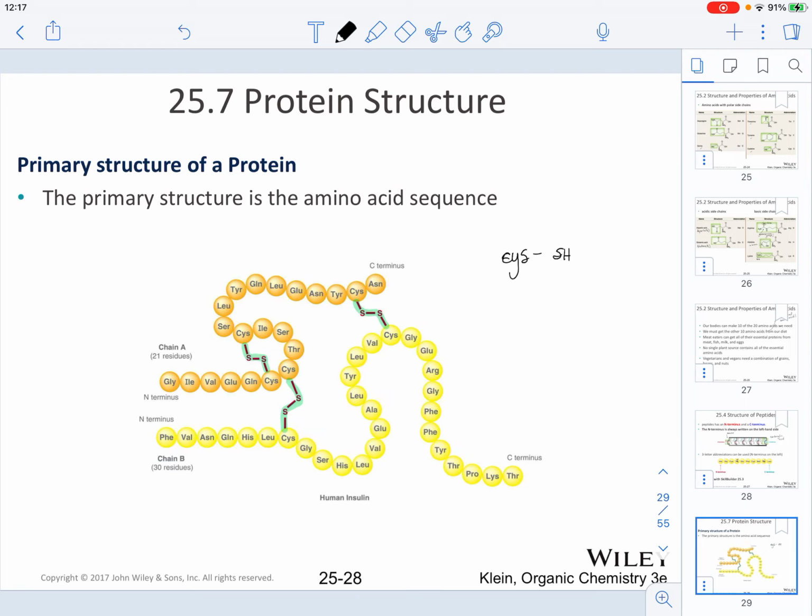One of the things that cysteine can do is make a disulfide bond. When that cysteine residue is oxidized, one of the things that we observe is that it results in a disulfide bond. So I just wanted to illustrate it. But again, the primary structure of a protein is the sequence of amino acids that it has.